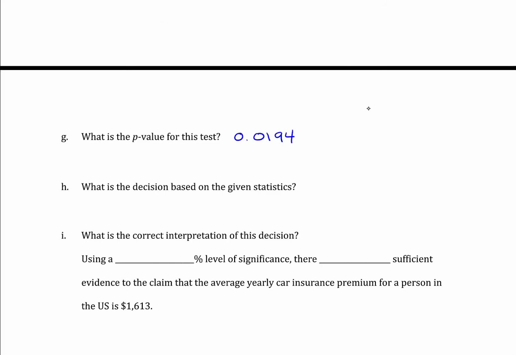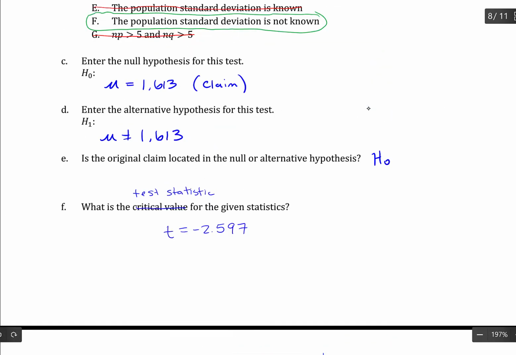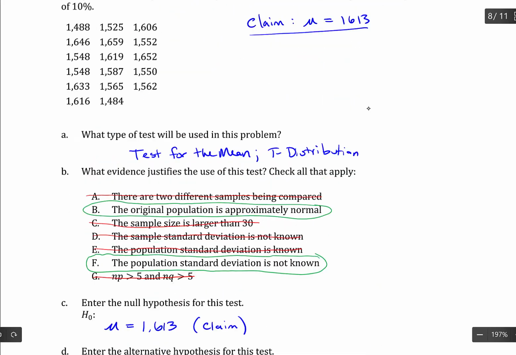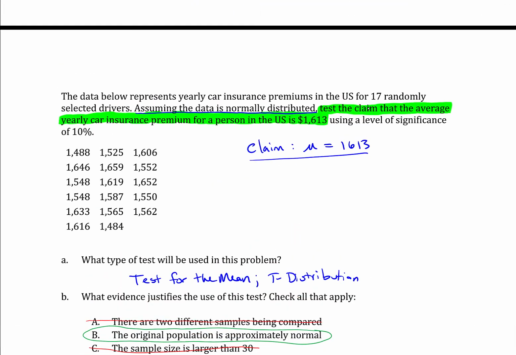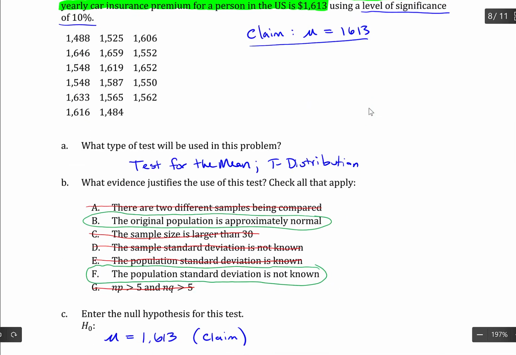What is the decision based on the given statistics? So the decision, the way we make that, we have our p-value that we just came up with, which is 1.94%. And then we have our level of significance, and that was given originally in the problem. I just need to scroll back up and find out what that is. So the level of significance, sometimes it's called alpha level, and that's 10%.